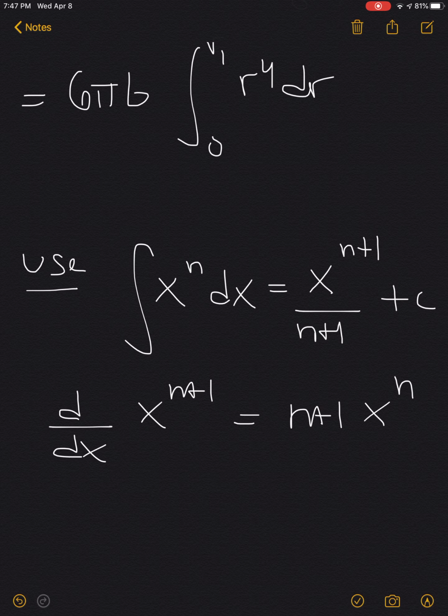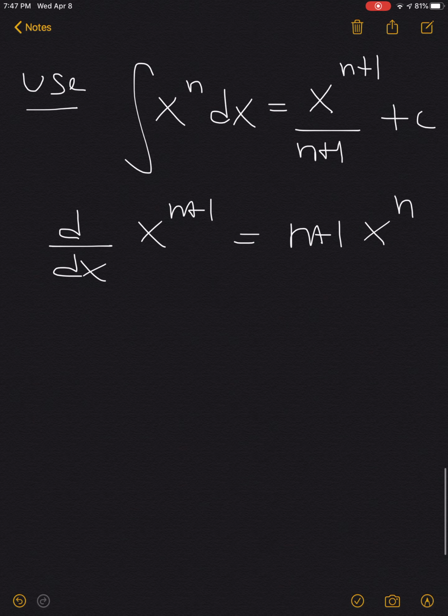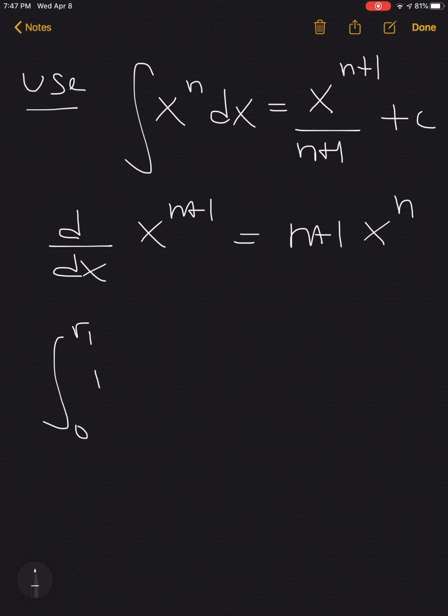So clearly, if you take a derivative of this answer, you get back x to the n. That's why it works. So we're going to use that fact so that the integral from 0 to r1 of r to the fourth dr, which is the integral that we have left over, is r to the fifth over 5 from 0 to r1.